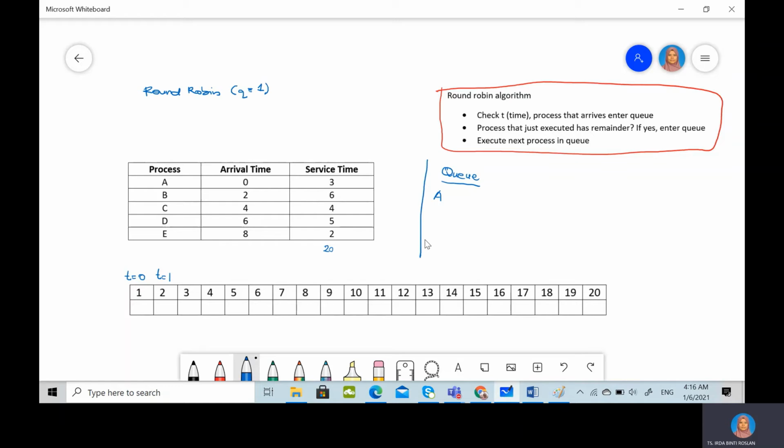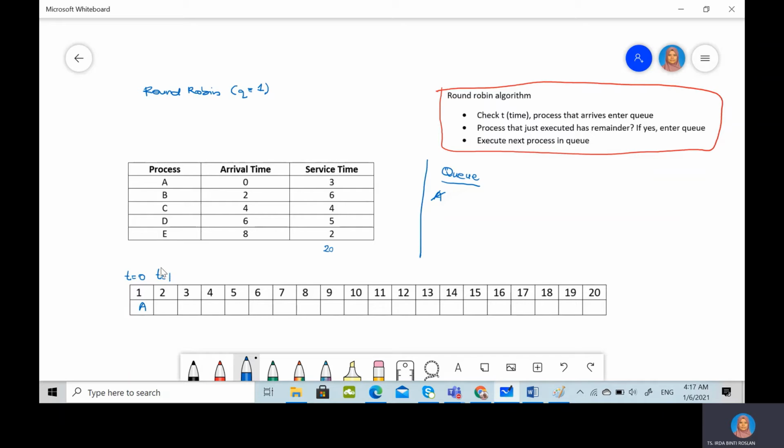We haven't executed any process, so we can skip this. Next, go to the next row: execute the next process in the queue. So we execute A, and we write A.